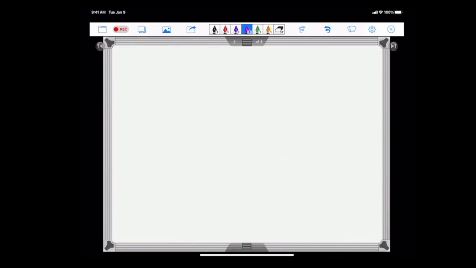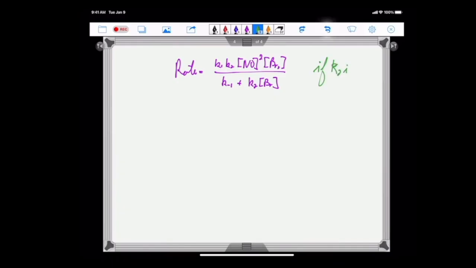So let's rewrite that again. The steady state rate equation is: rate is equal to K1, K2, NO squared, and BR2 on the numerator. The denominator's full term is K minus 1 plus K2 BR. And if K2 is large, which is really saying step 2 is fast, then we get a simplification.